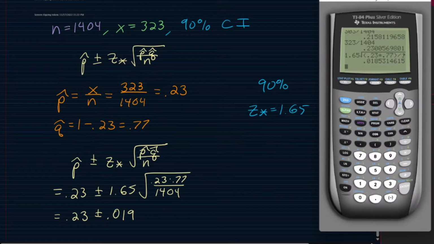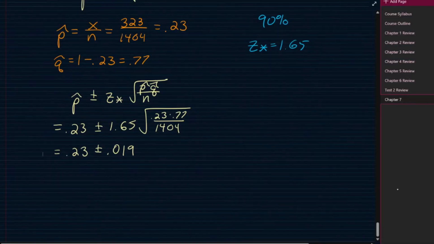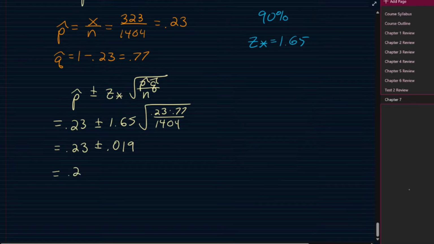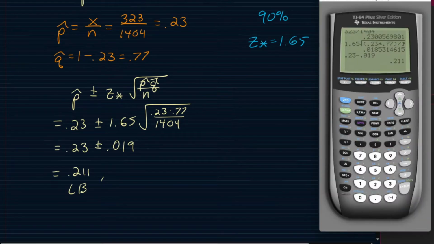So we do 0.23 minus and plus this. 0.23 minus 0.019 is 0.211, our lower bound. And our upper bound of the true proportion with 90% accuracy is 0.23 plus that 0.019 value, which is 0.249.